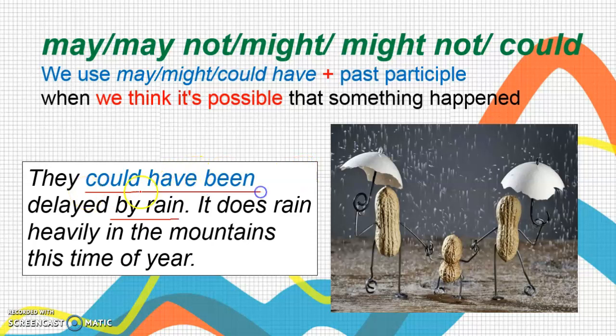Maybe the rain is one possibility for their delay. But maybe there are other options as well. Maybe they had a problem. Maybe something came up at the last minute. We don't know, but rain is just a possibility.